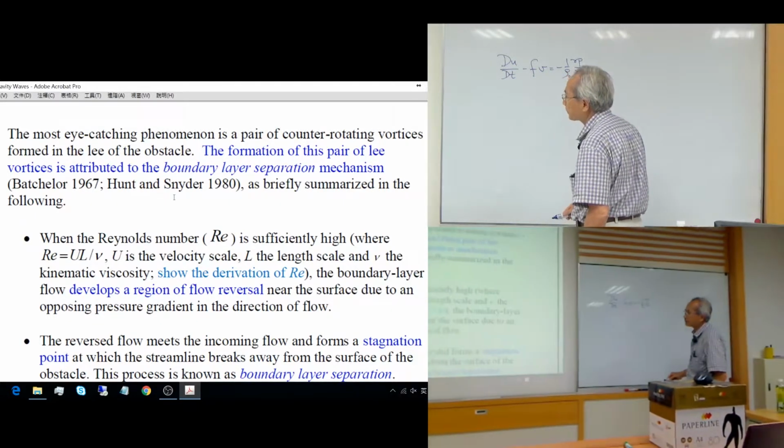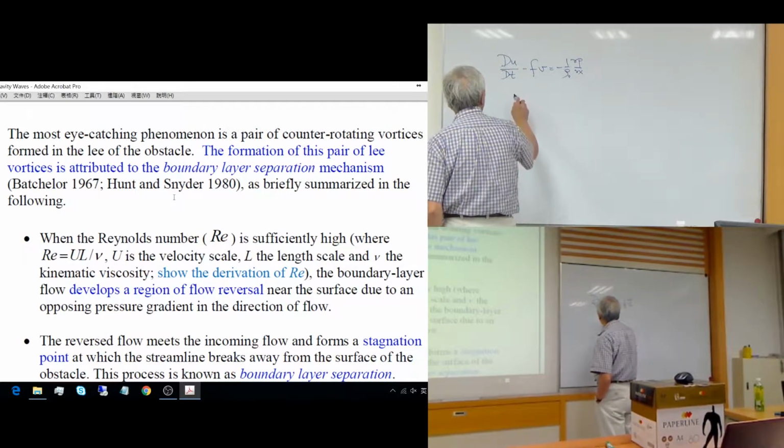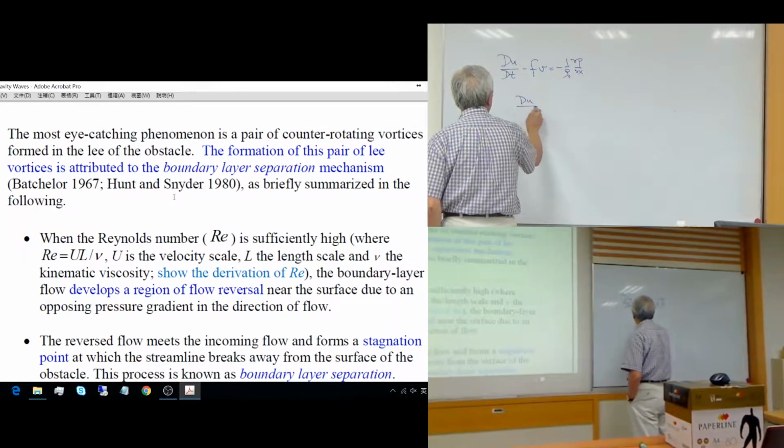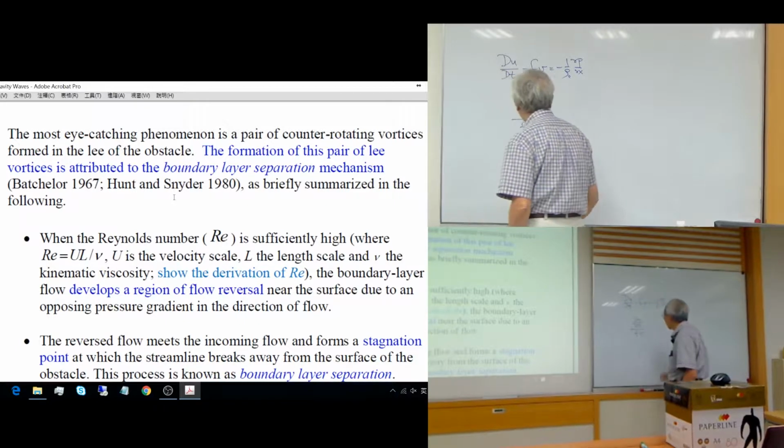If you take du/dt divided by Fv, what's that?